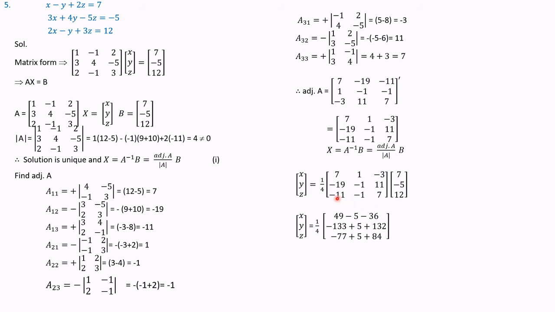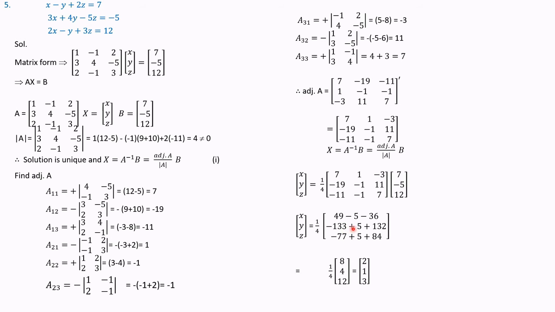Third row is minus 11 into 7, minus 77. Minus 1 into minus 5 is plus 5. And 7 into 12 is 84. Now we have to add these elements. So we get 1 by 4 into 49 minus 41 is 8.